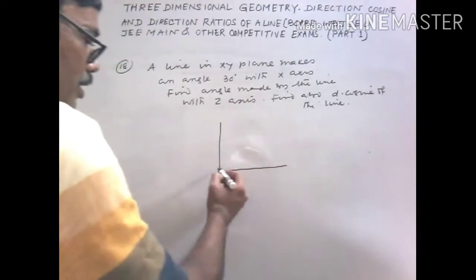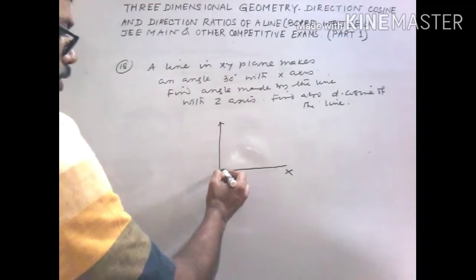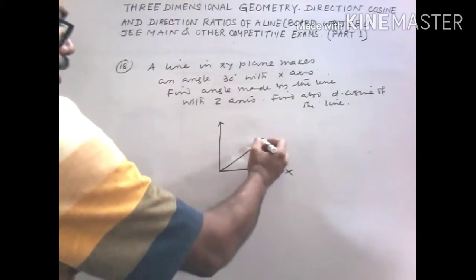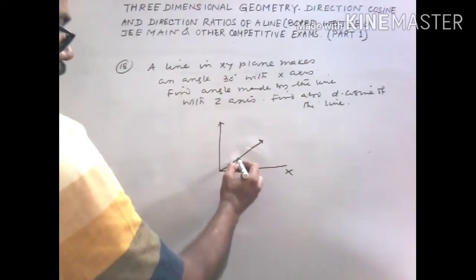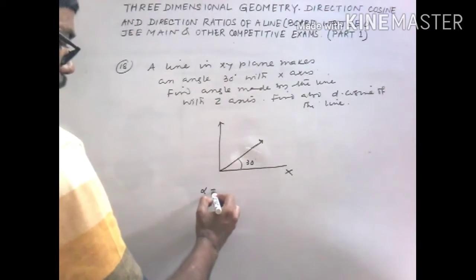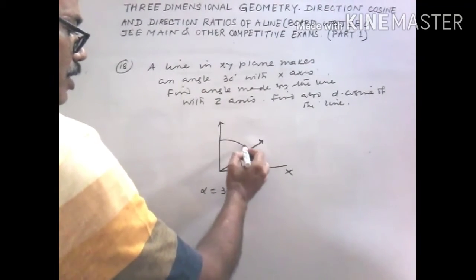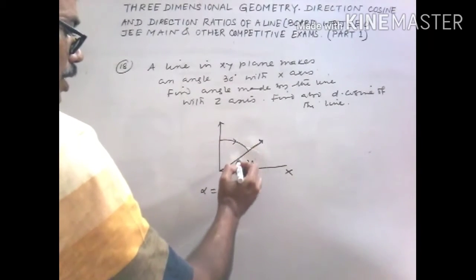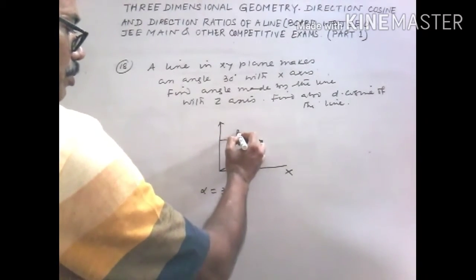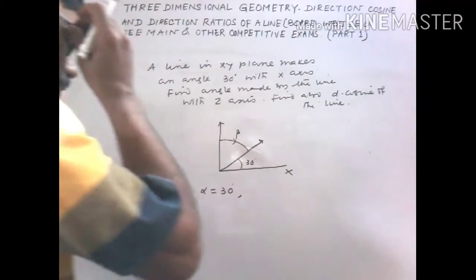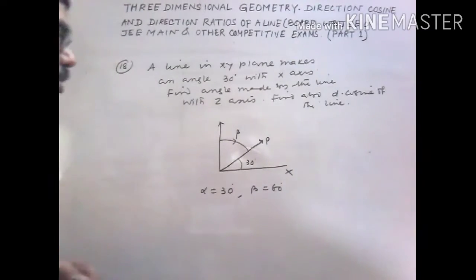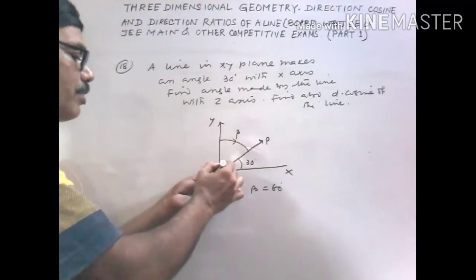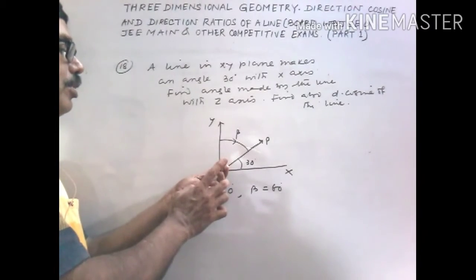So look here, the line lies in the xy plane. So the line is like this. This angle is 30 degrees, so alpha is 30. And obviously, since it lies in the xy plane, beta equals 60, with this as OP. And this is our z axis.